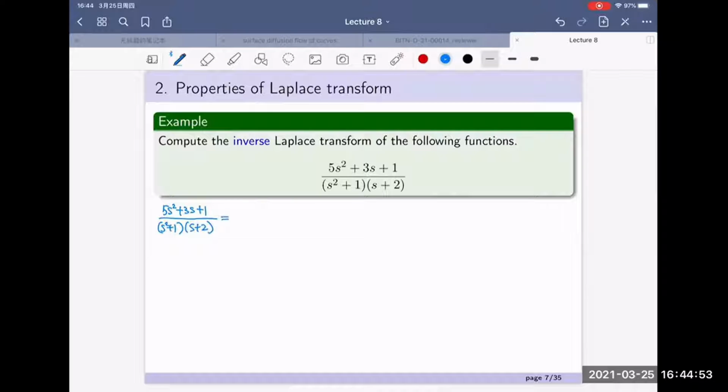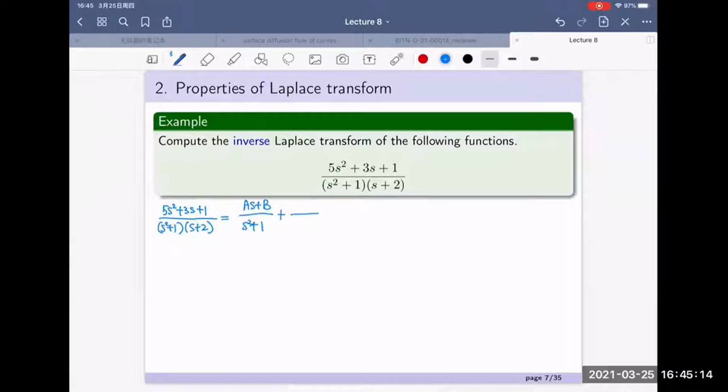If you are given such a polynomial divided by a polynomial, then you can decompose it into two parts according to the factors in the denominator. In the denominator, you have two factors. According to the two factors, you can decompose the function into simpler functions.